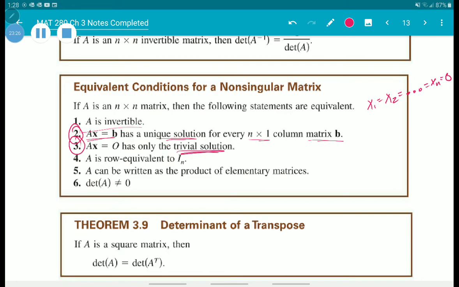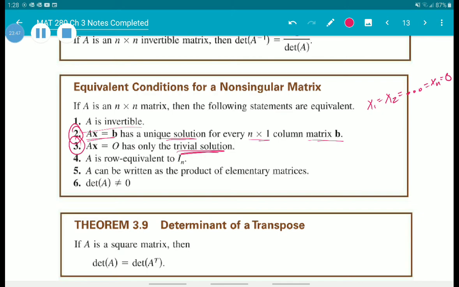What all of this also means is that matrix A is also row equivalent to I. So we could do all of these elementary row operations and we will eventually reduce this down to an identity matrix. And if we can do that, then that means that A can be written as a product of elementary matrices.